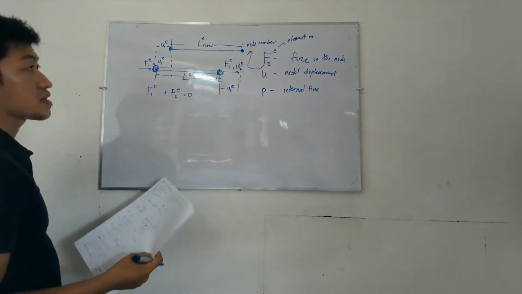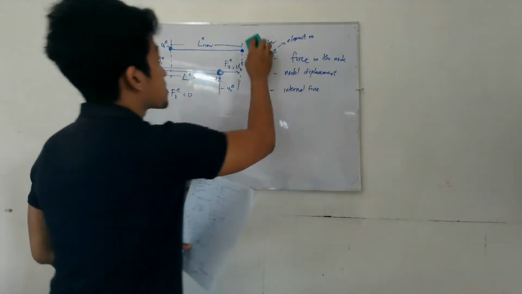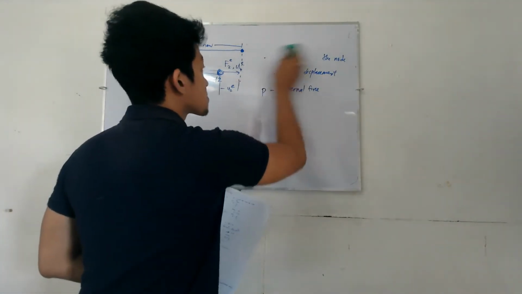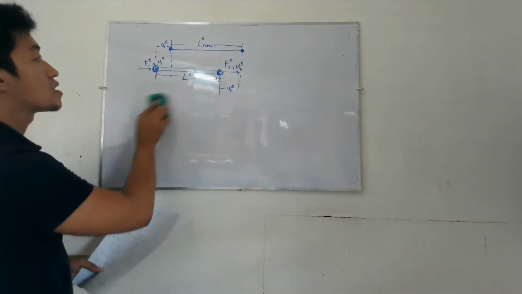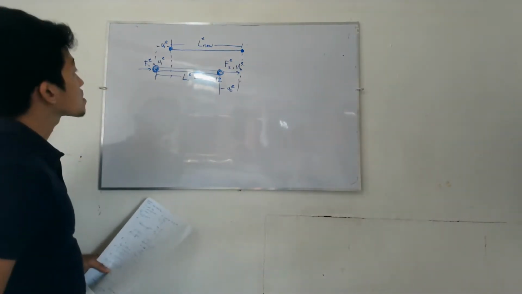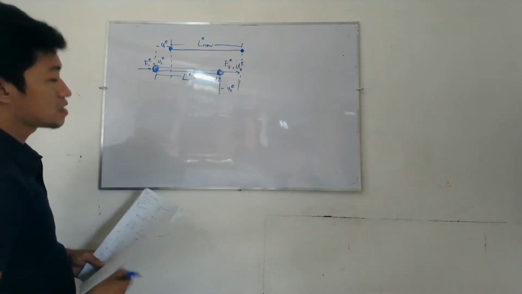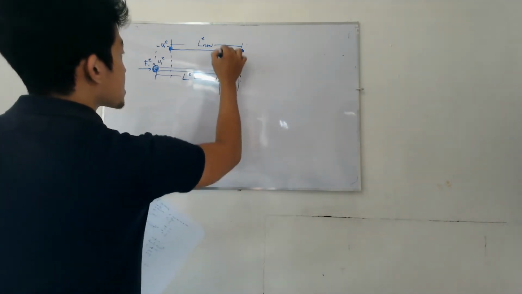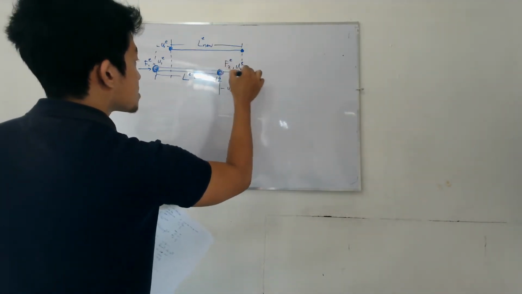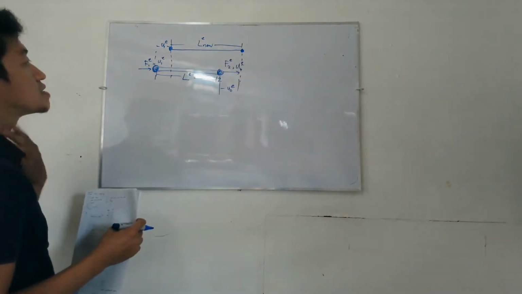U2 raised to E. Okay? So this is U2, this length. When it moves, it reaches here. Okay?